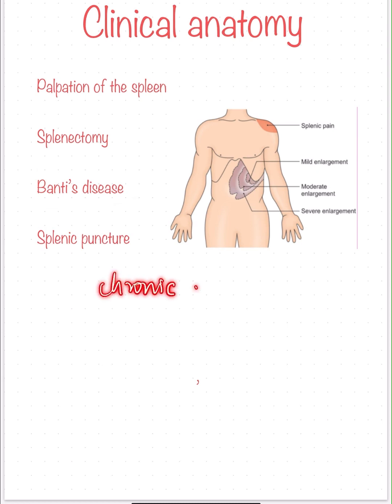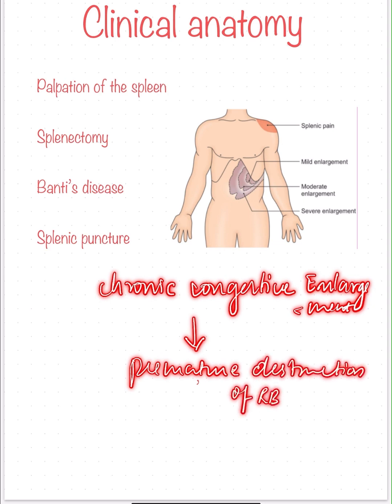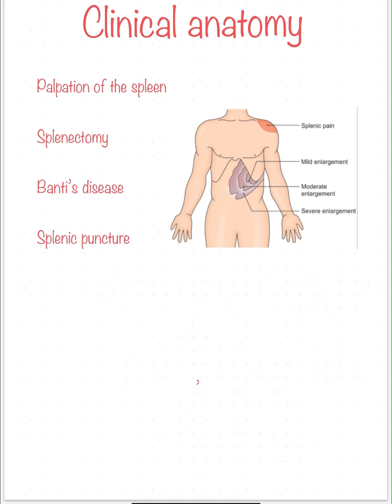Chronic congestive enlargement is taking place. It results in premature destruction of what? Red blood cells. So what happens in that case? Yes. So that is Banti's disease.